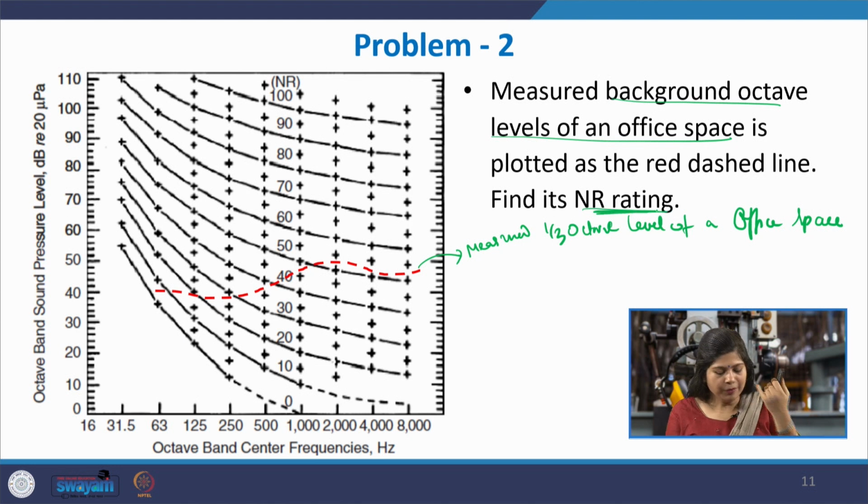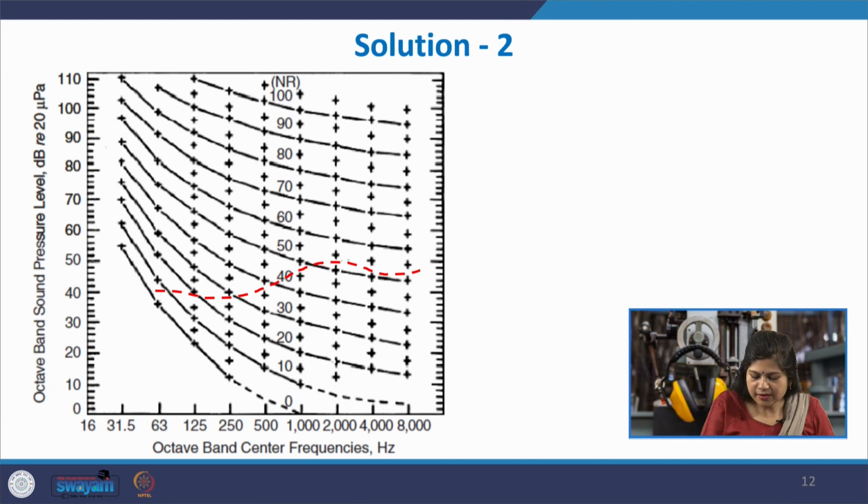Again, by the same logic, if you see, this is NC 50. In most of the cases it is below NC 50, but at some values it is exceeding NC 50. But in all the cases this curve is below the NR 55 curve. This is the NR 55 curve, okay.